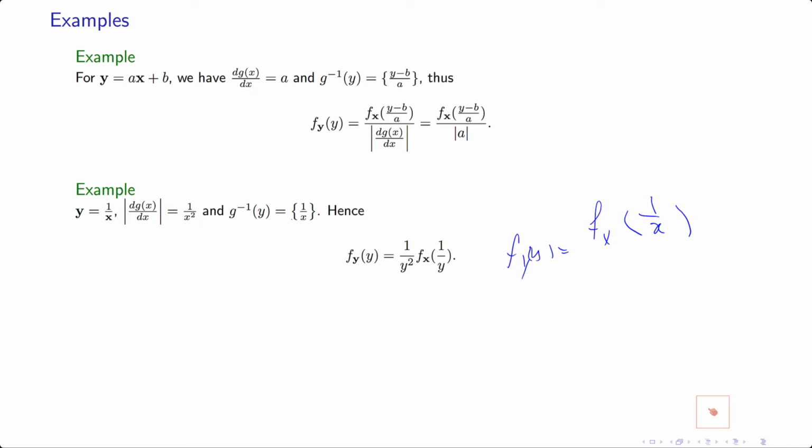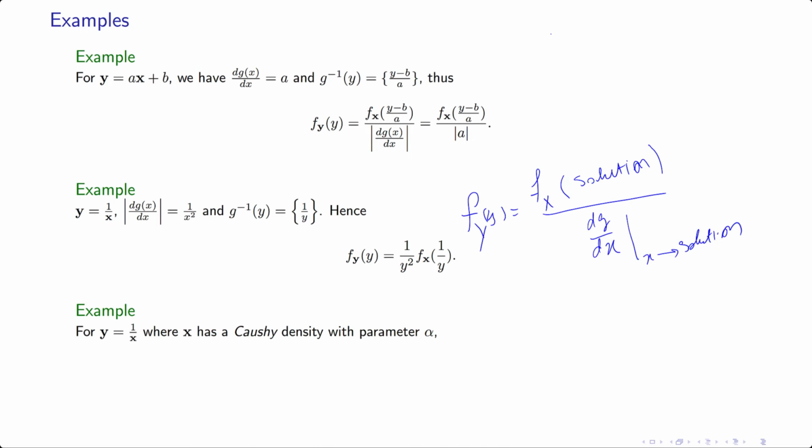I have to write it in terms of y, because y is equal to 1 over x. So the PDF of y is equal to the PDF of x at the solution, divided by the derivative of g with respect to x when you replace x by the solution. So fx at the solution is 1 over y, so I replace 1 over y here.